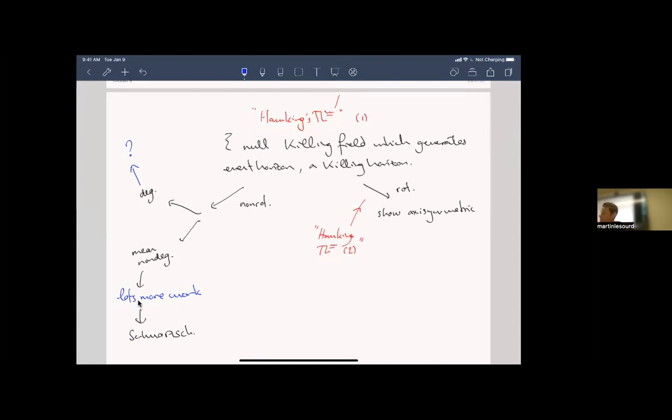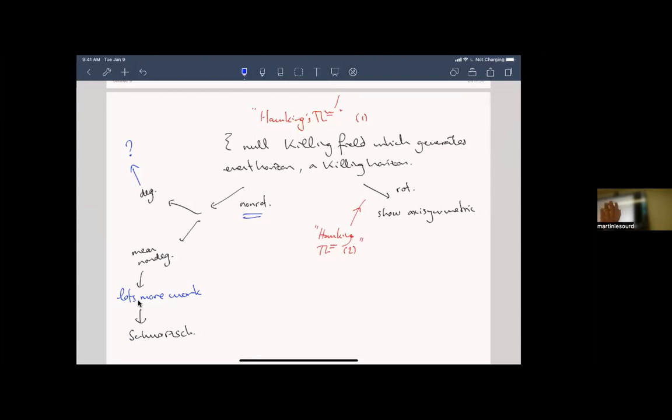It's funny that the degeneracy of the Killing horizon only comes up as an assumption in the non-rotating case. In the case that it's rotating, you use part 2 of the analyticity. I'm going to show you how to get axisymmetry.